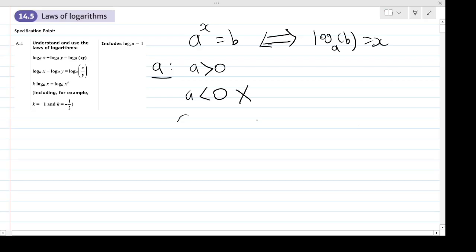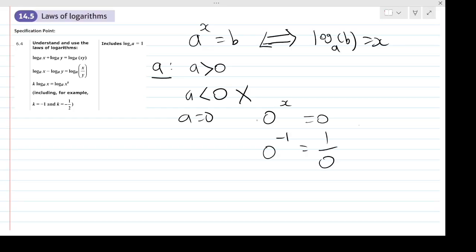But what about if a equals 0? Then we would have 0 to the x, which is the exponential. You might think that just equals 0, but the problem is that's not valid for all x. If x was negative, let's say 0 to the -1, that'd be a reciprocal, 1/0. Well, hang on, we can't divide by 0, so that cannot work either.